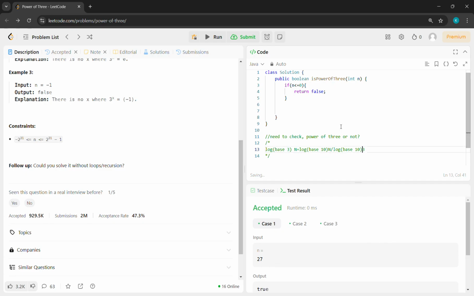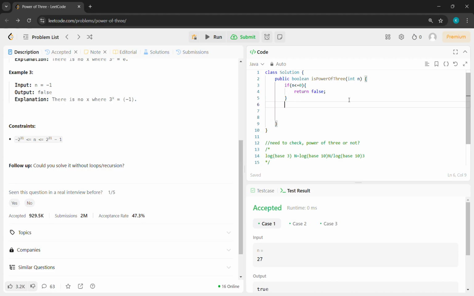So if we are able to do this, then अगर किसी चीज़ का आउटपुट इस फॉर्मूला में प्रॉपरली फिट बैठ जाता है, then we can consider that it is the power of 3. Now let's implement the same thing with respect to the code. So first and foremost, we check whether it is a positive number, a negative number or a zero value, then we won't be doing it. Now moving further, first and foremost we would be declaring a variable.